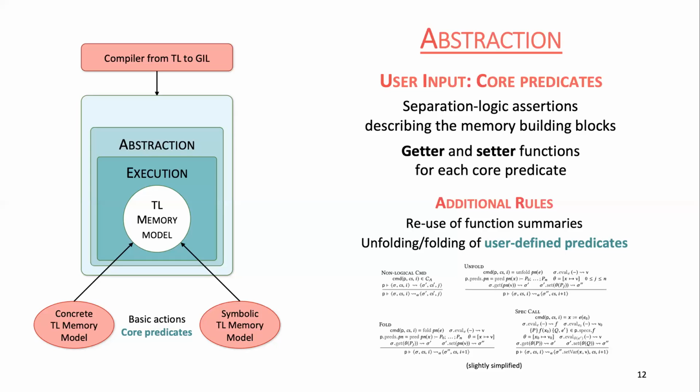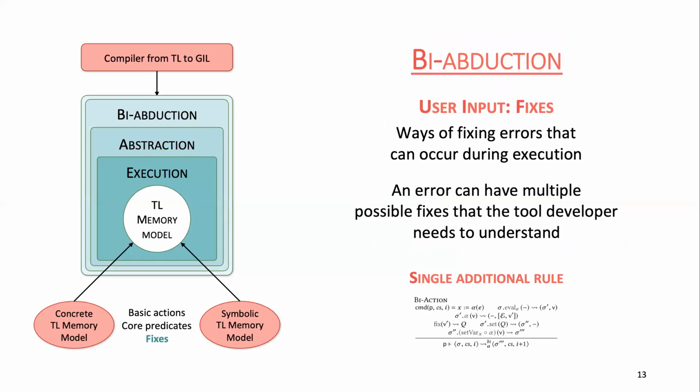So this is where we have to really understand how to get the tool to be as semi-automatic as we can. Then, as well as abstraction, on top of this core execution engine, we then have bi-abduction giving the automatic compositional testing. And one insight that we have is that with these basic actions, we operationally describe these basic actions, and in particular, we are very, very cautious about saying what the success cases and the error cases are.